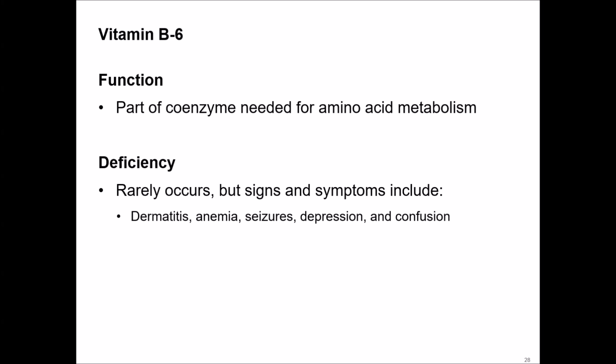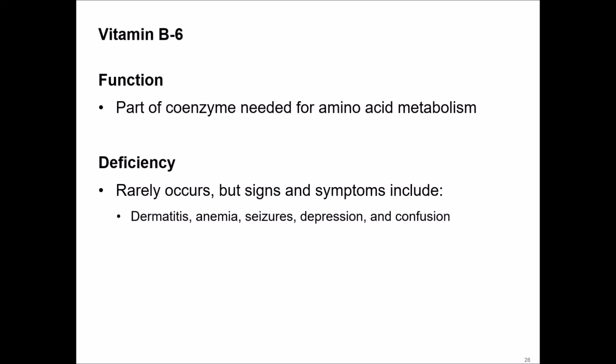It is possible to have deficiencies of this vitamin, but it's found in so many different foods that it's pretty rare to have a vitamin B6 deficiency. I didn't list the foods here, but just about any kind of animal-based food, meat, chicken, beef, animal products, eggs, dairy usually has it. But then also plant foods as well, potatoes, oats, grains, tomatoes, broccoli, whole grain foods.